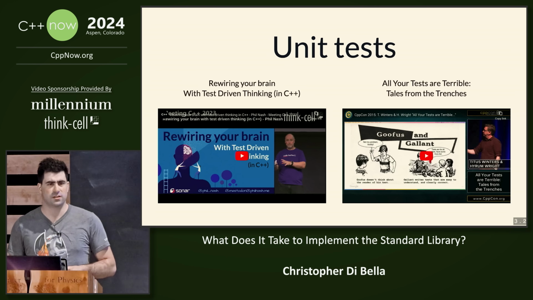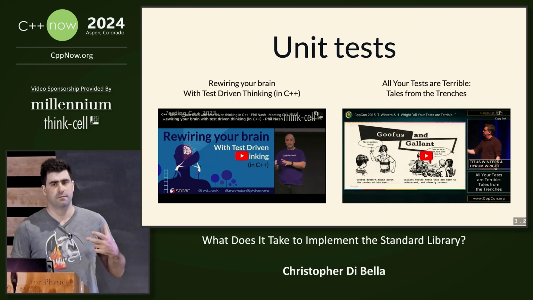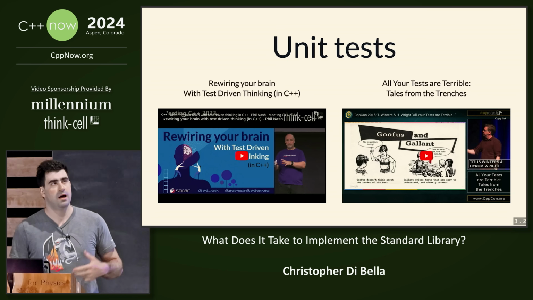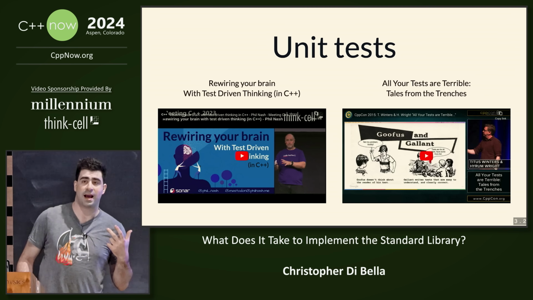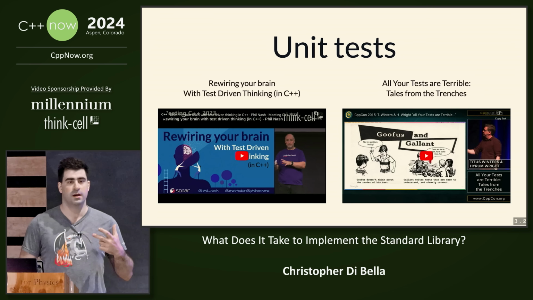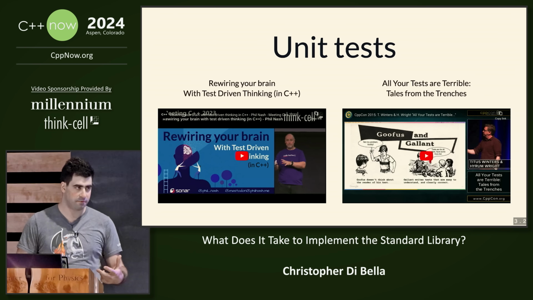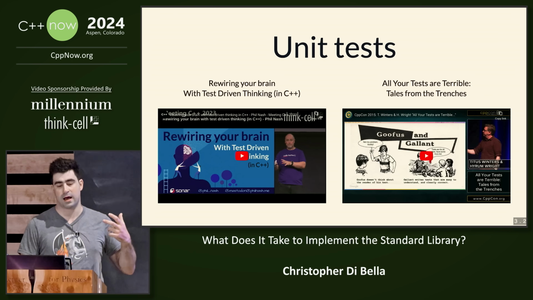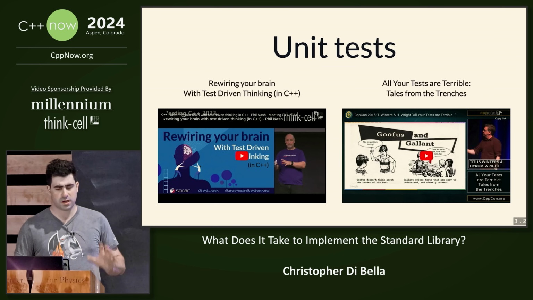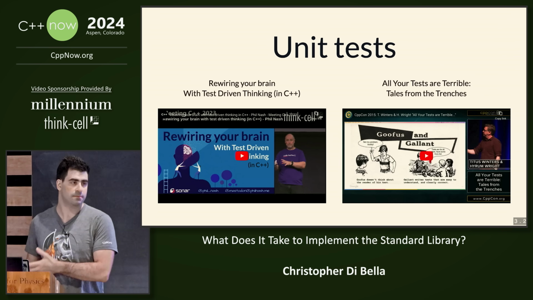And the way in which I like to do this is through test-driven development. Test-driven development is an ideology, a philosophy of how to write your code so that it's always guaranteed to have maximum coverage and, from a unit test perspective, be correct. The way it works is that you write a test and then you implement whatever the test was covering.